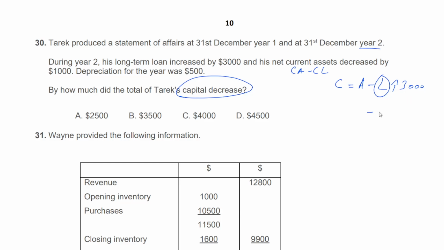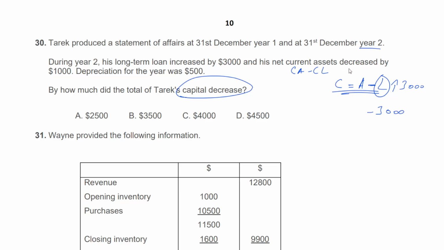That's going to have a negative effect because it's subtracted. Liabilities will reduce the capital. The more liabilities, the lower the capital if you look at that equation. So your capital goes down by 3,000 because of that.